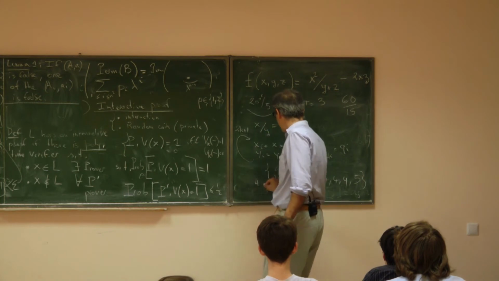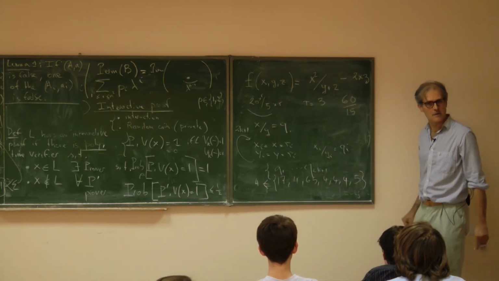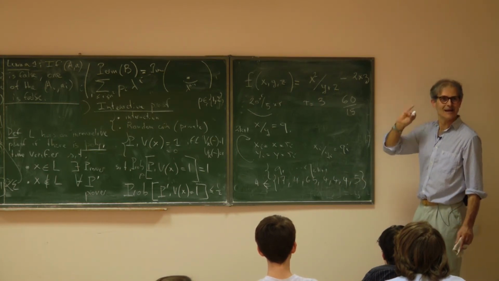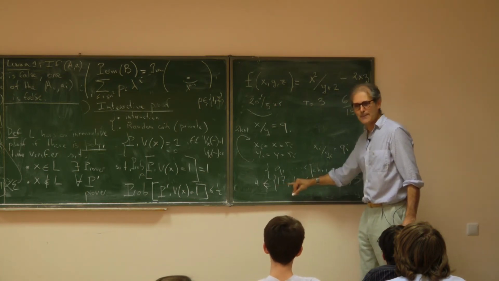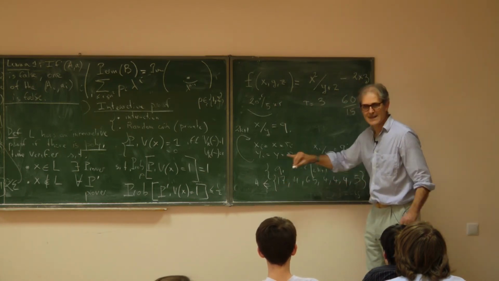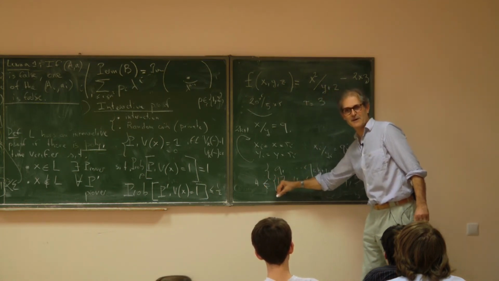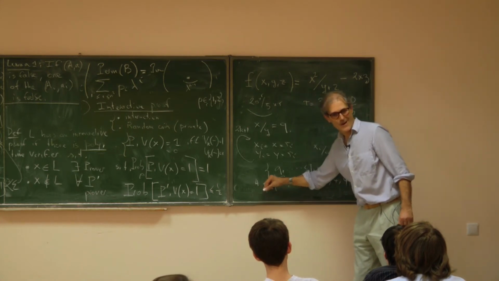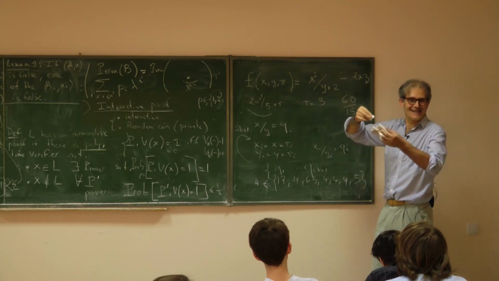If I don't have a majority answer, I keep flipping coins. And you can see, if you have basic knowledge in probabilities, that with high probability, when k doesn't grow very much, there will be a majority answer, and it will be correct with error probability as small as you want.